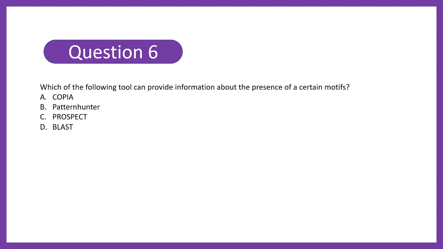Question number 6 says, which of the following tools can provide information about presence of a certain motif? Again, these kinds of questions say, if you want to look for a particular motif in a protein, and you try to understand what the particular structure may be, then these kinds of tools might be useful, and the correct answer would be Prospect.